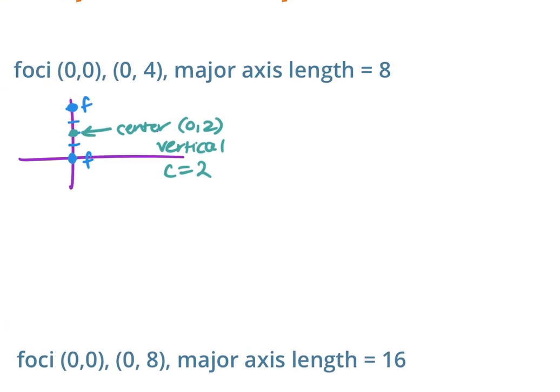So already x minus 0, which we don't need, that's gonna go away in a second, plus y minus 2 equals 1. That I already know as soon as I get the center. It's vertical, so the a squared is going under the y.